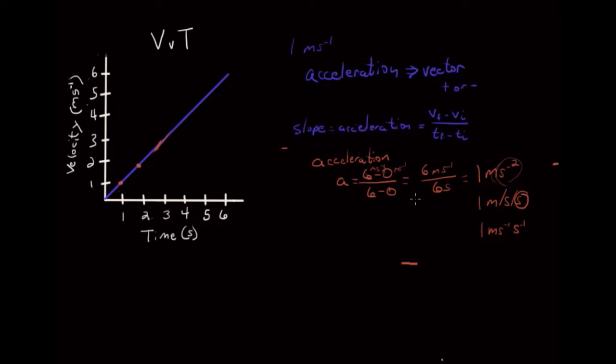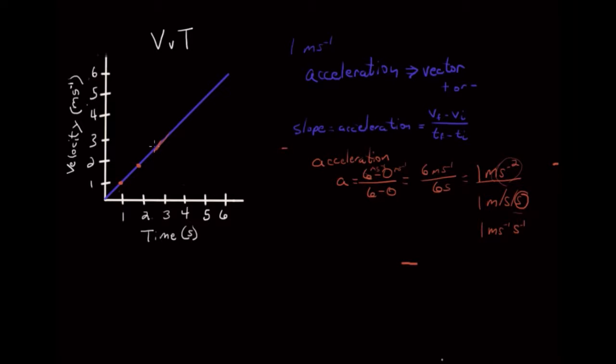Okay, if you need to think about that, pause the video and ponder that for a little bit and just make sure you get it. For every second we are increasing the velocity 1 meter per second. That's what 1 meter per second squared means.